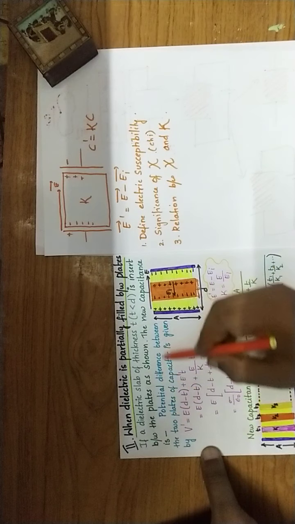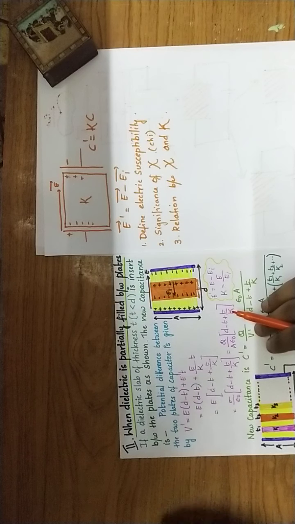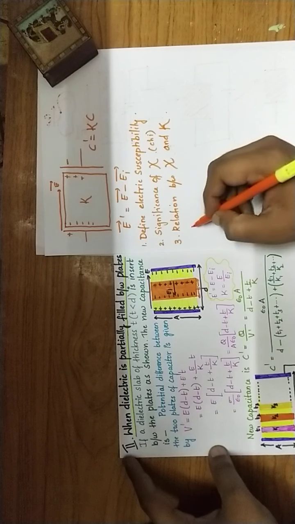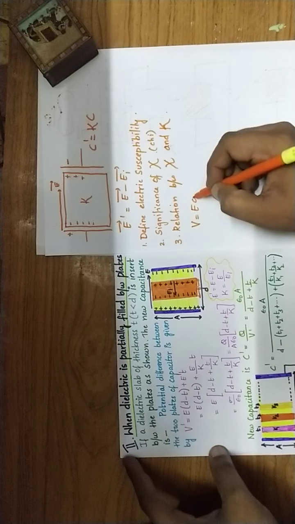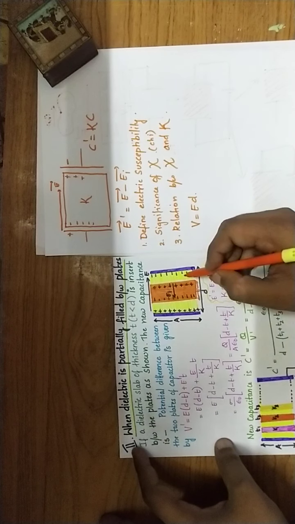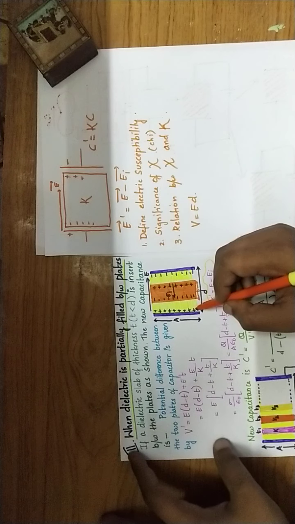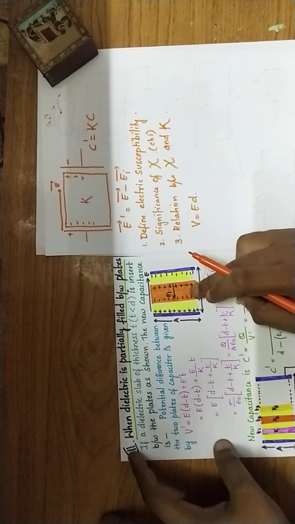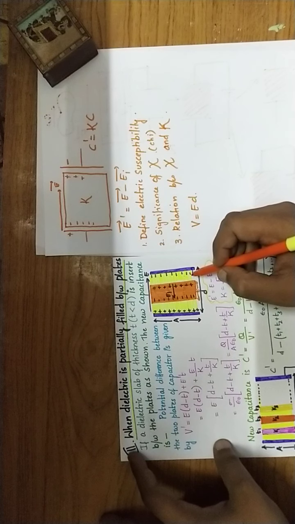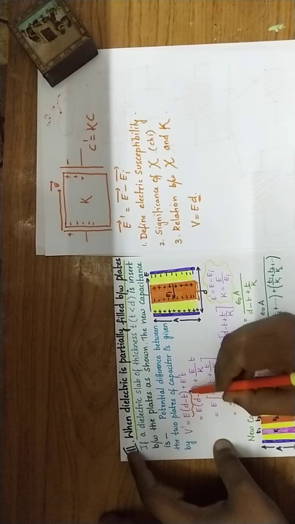The potential difference between the two plates of the capacitor is given by V prime, which, according to the potential gradient, is V equal to ED. Here, this is the air space and this is the dielectric space. When you place the dielectric of thickness T, the leftover air space is D minus T. So instead of D we write E into D minus T. This is for air.